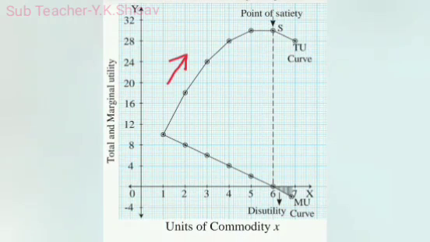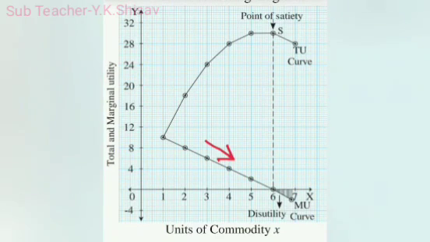In this diagram, the total utility curve slopes upward, whereas the marginal utility curve slopes downward. Marginal utility curve shows zero and negative levels of marginal utility, whereas total utility curve shows maximum and constant total utility level.